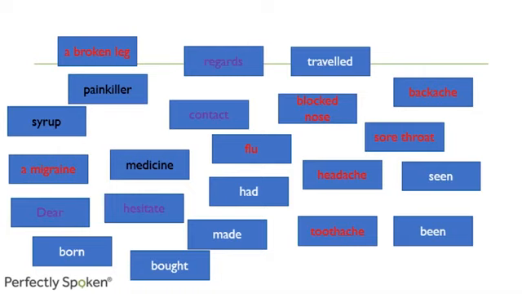And then the ones in black are things that you use when you have some kind of illness. So you've got painkiller, for example, paracetamol or ibuprofen. Syrup is usually a liquid medication, and then the general word, medicine.